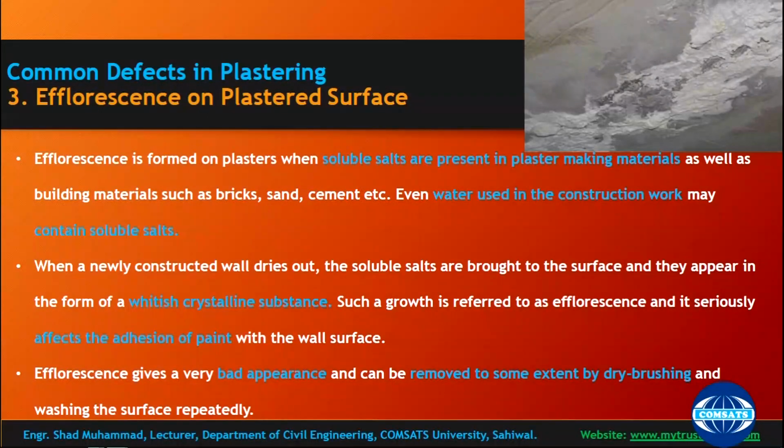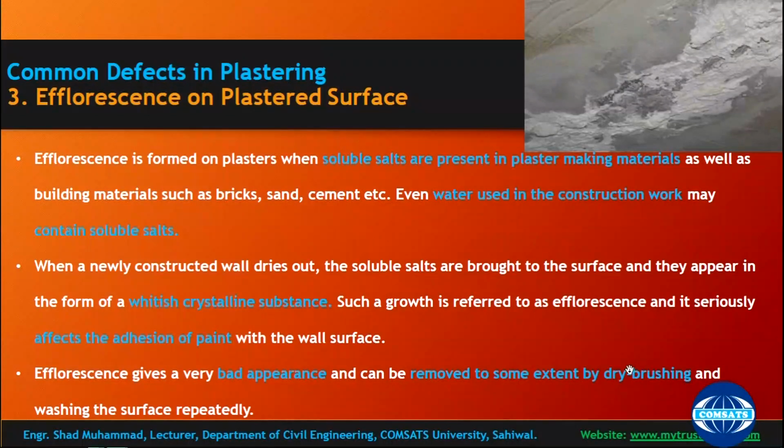When a newly constructed wall dries out, the soluble salts are brought to the surface, and they appear to form whitish crystalline substances. Whitish crystalline substances are due to alkalis, some chemical reactions. Such a growth is referred to as efflorescence, and it seriously affects the adhesion of paint with the wall surface.